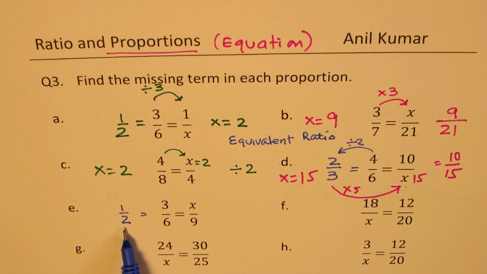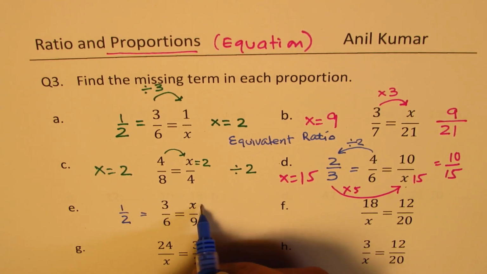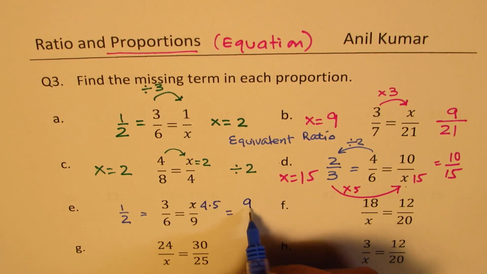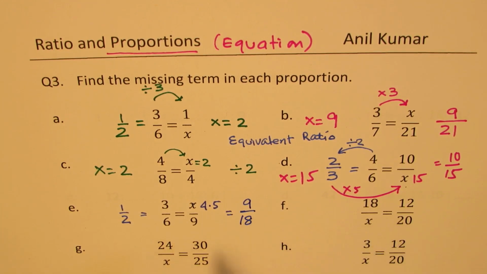We know that the number here is actually half of 9. Normally in ratios we don't write decimals. Half of 9 is 4.5, right? Not a good way of writing, so I'm going to change this to 9 over 18. Is it okay? So I'll change this question. Instead of 9, take it as 18 and then do half of 18 as 9.